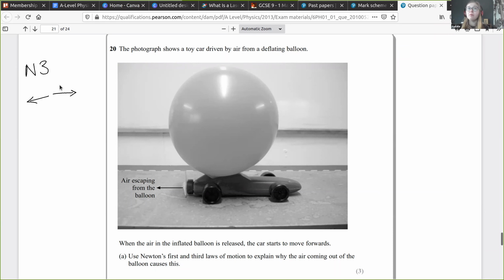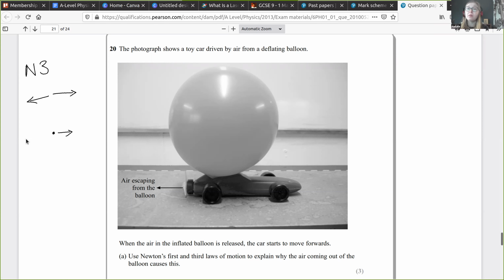So as the air is released from the balloon, that causes an equal but opposite reaction force, causing the car to move forward. So we have a Newton's third law pair. If we then have a force acting on the car that pushes it forward, that, according to Newton's first law, will cause it to move because it now has a resultant external force pushing it forward.